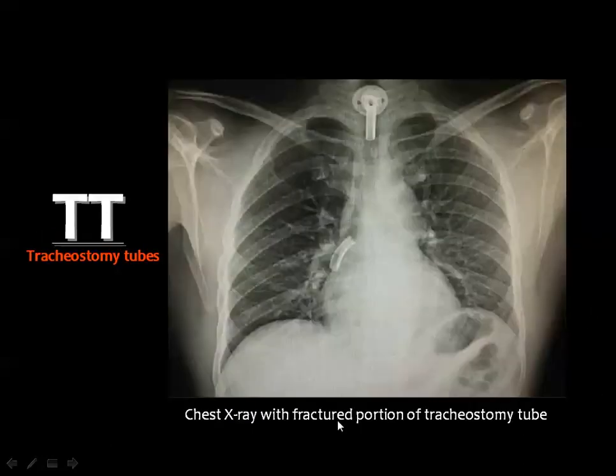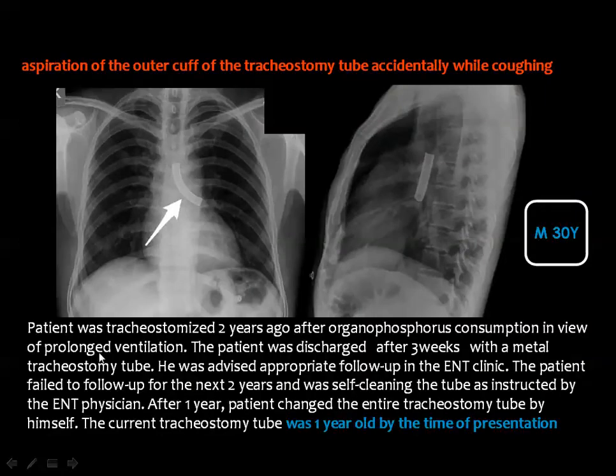Frequently, there is some fracture of the tracheostomy tube, and part will be inhaled, and especially will go to the main stem, the right side bronchus. Also, part of the inner tube may slip and go within one of the bronchi.